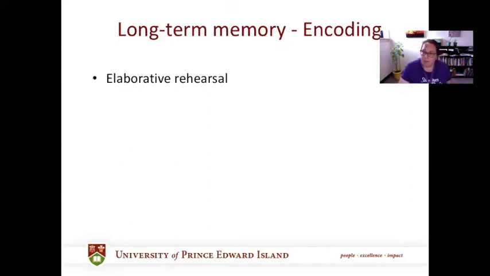Information can be kept alive in short-term and working memory, as we said, by rote repetition or maintenance rehearsal, but to transfer something into long-term memory, it's effective to use elaborative rehearsal, a strategy involving thinking about the material in a more meaningful way, associating it with our experience or with something that we have come up with, an example or a strategy that we use.